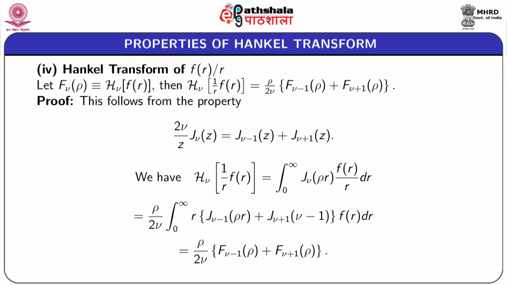This follows from the property of Bessel function, that is twice nu by z J_nu(z) equals J_nu minus 1 (z) plus J_nu plus 1 (z).